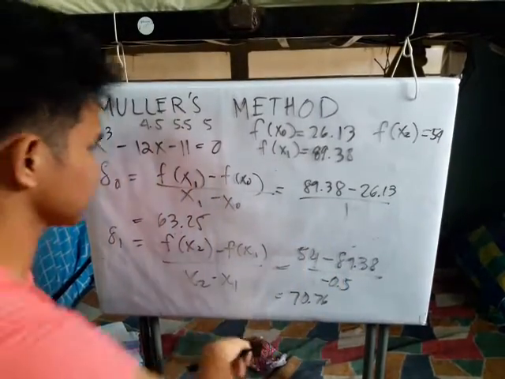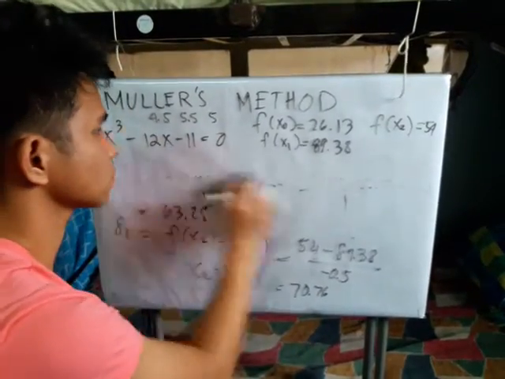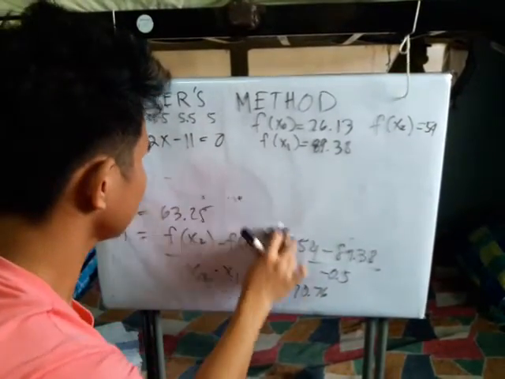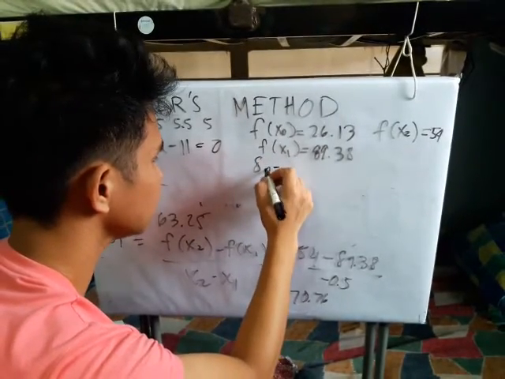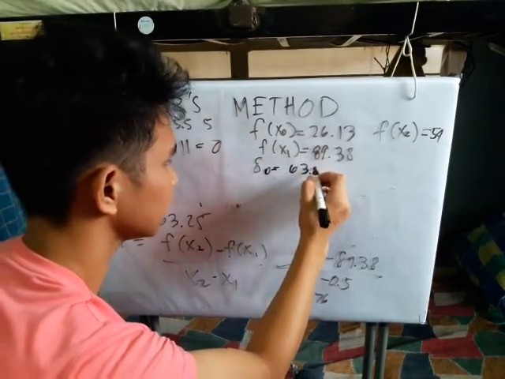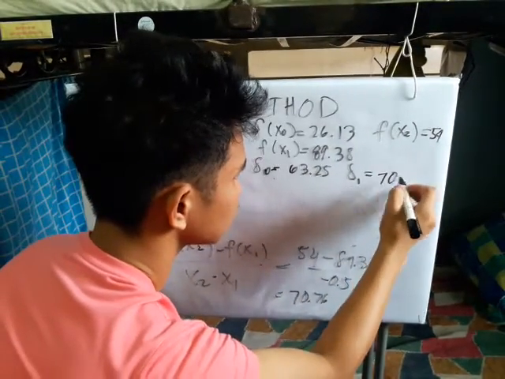So we can write delta 0 is equal to 63.25, and delta 1 is equal to 70.76.